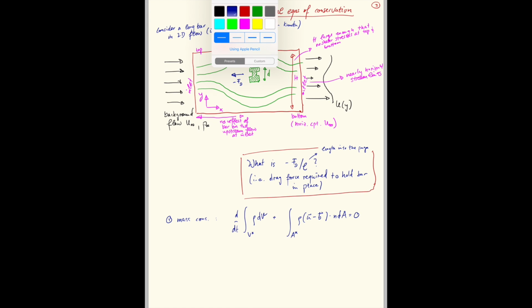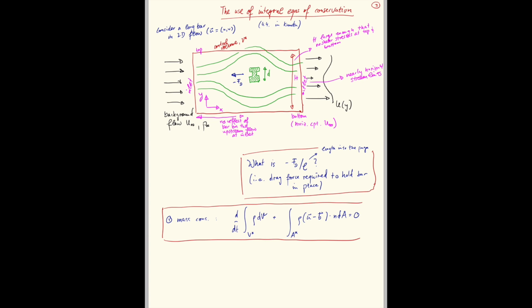Here we're using the integral formulation. We can simplify this quite substantially since this is a steady flow field and we have a control volume at rest. So steady flow means d by dt is 0, so this whole term is 0. And the control volume is also at rest, so b is 0.